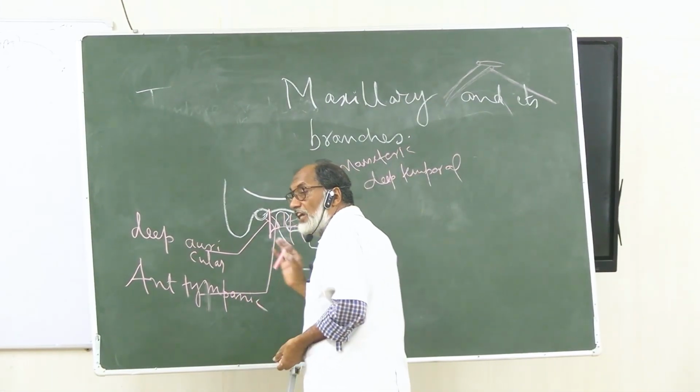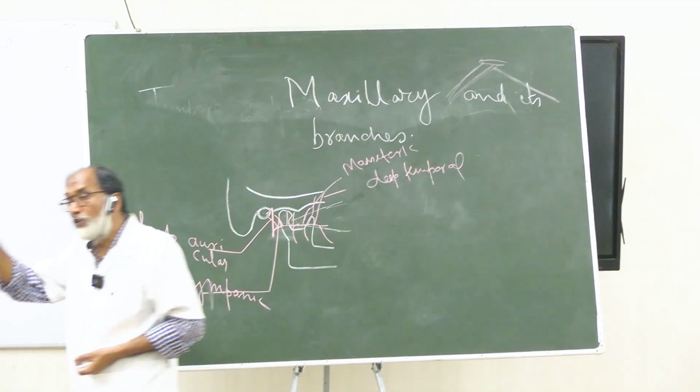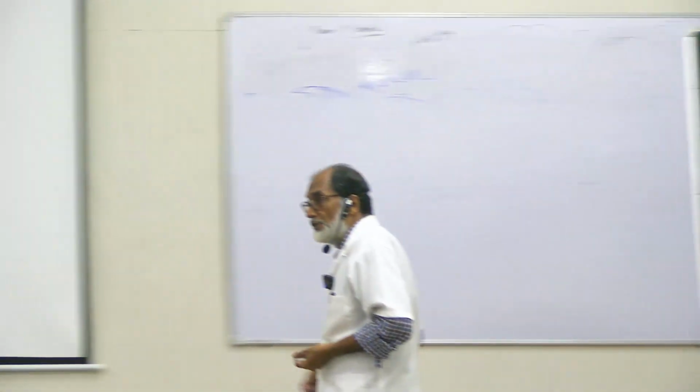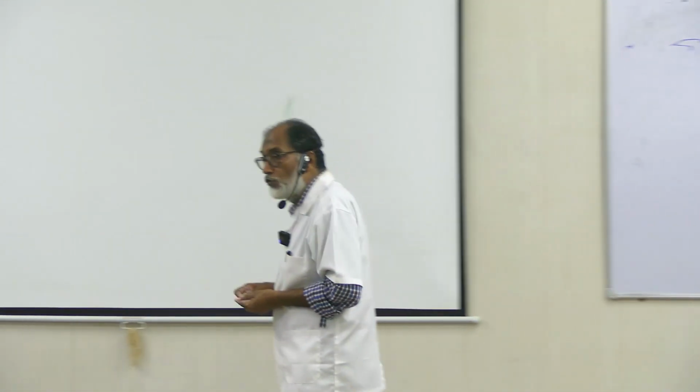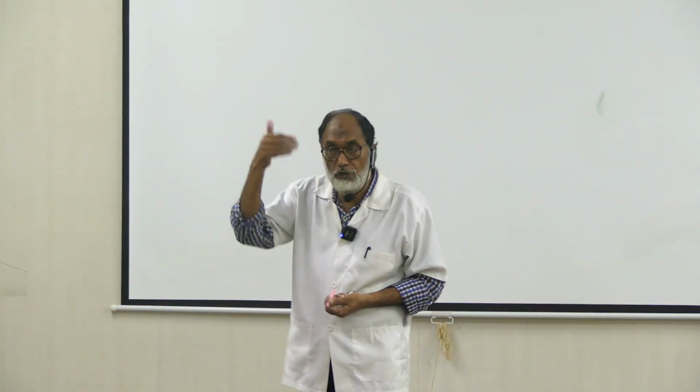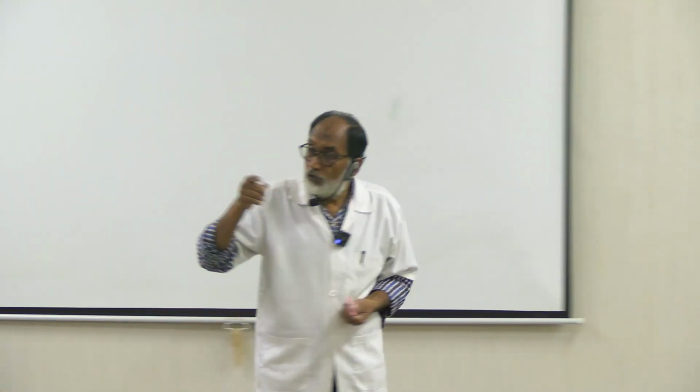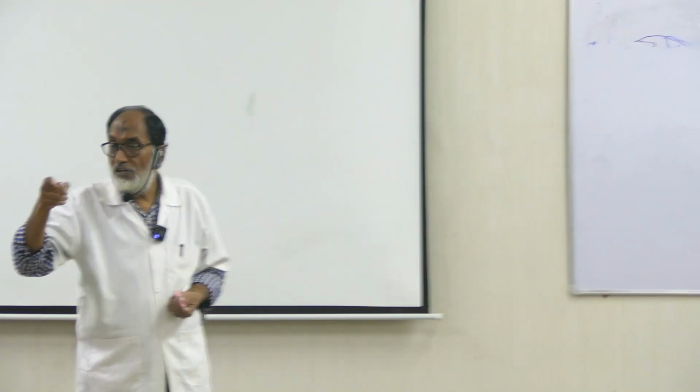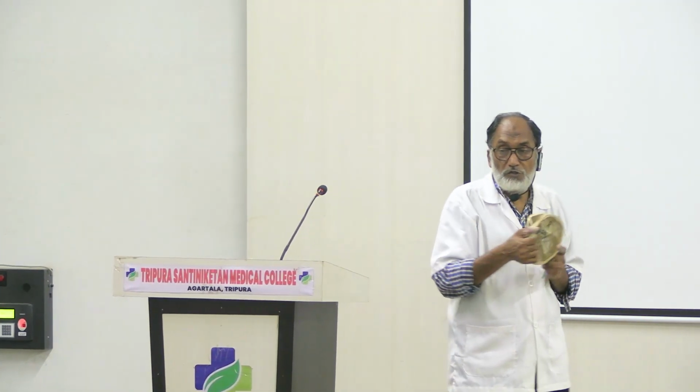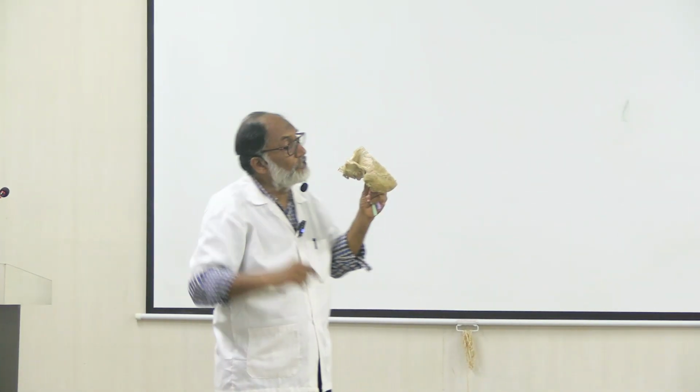Now this artery will enter into the pterygopalatine fossa. To enter into the pterygopalatine fossa, through which fissure will it enter? Pterygomaxillary fissure. It will not be visible from a distance.